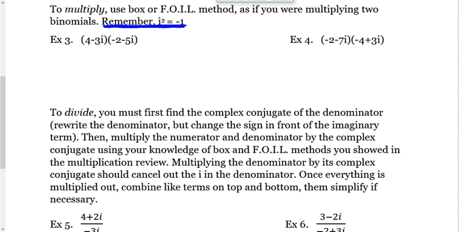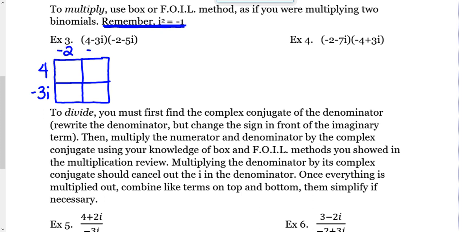So with box method, it's just like creating a Punnett square in biology when you were talking about genetics. Take your first one, and it can go to the side or it can go across the top. I always put it across the side, making sure that I keep the sign. Since that 3i was negative, it needs to stay negative.